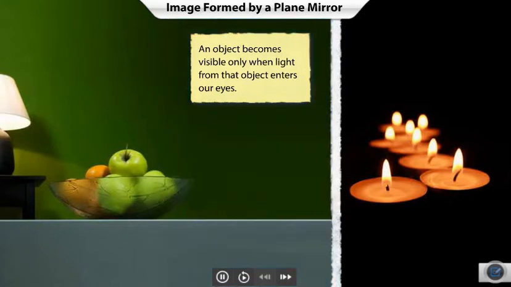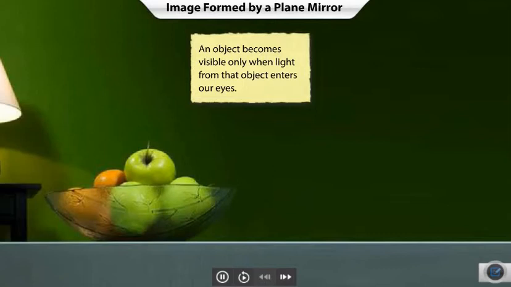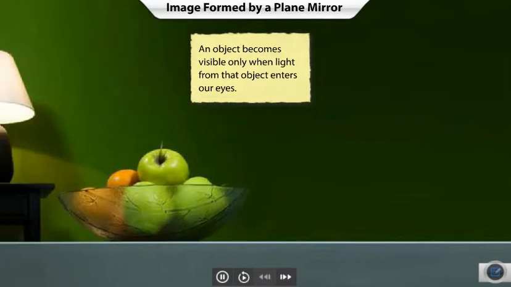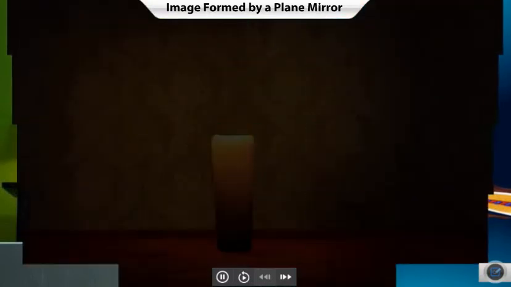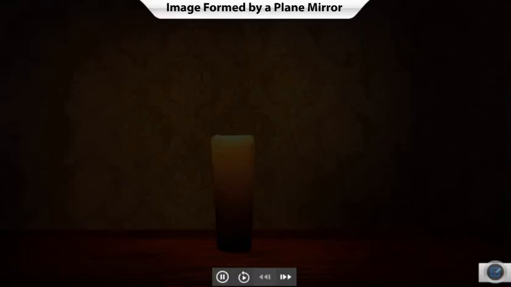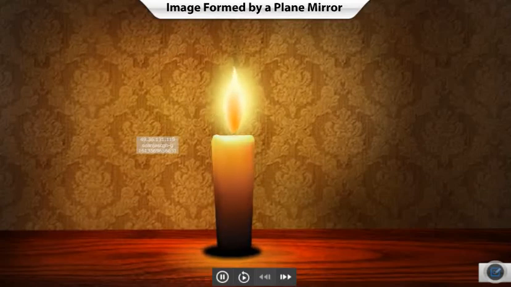For example, we are able to see these fruits in the bowl because light from the lamp falls on the fruits and is reflected into our eyes. In the same way, when a candle is lit in a darkened room, we are able to see it because light from the candle enters our eyes and makes it visible to us.